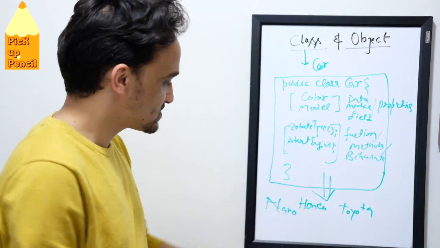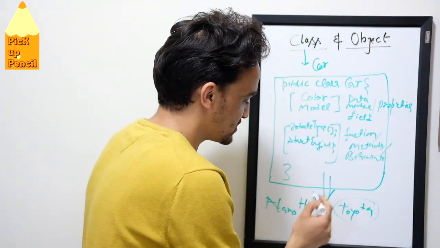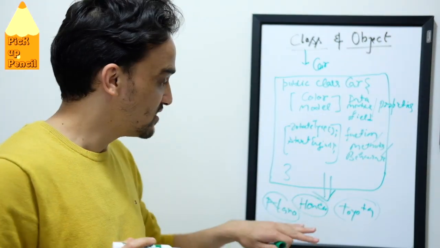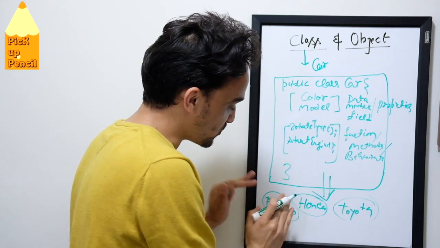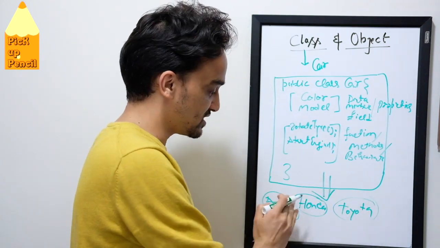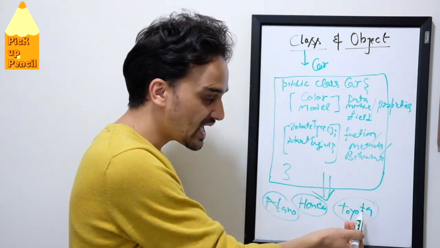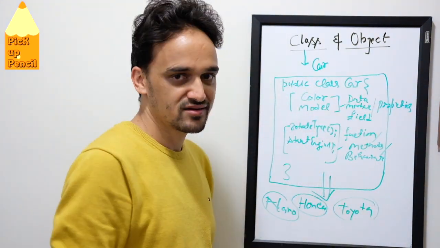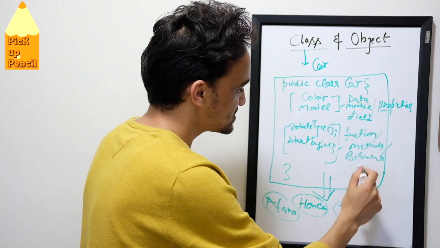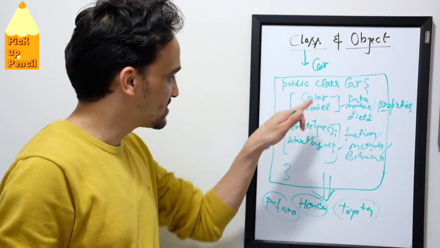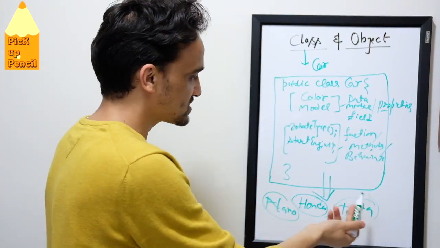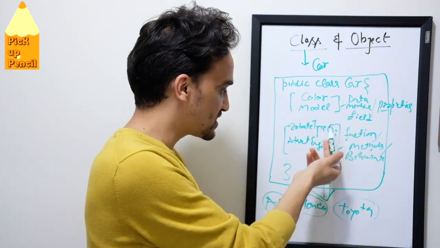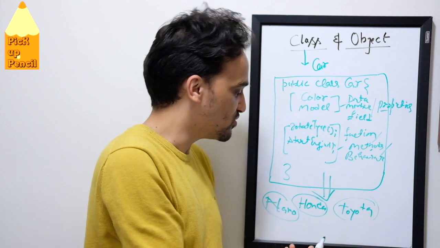All these objects, Toyota, Honda, Nano, are different, even though they are from different companies and have different models, but they have a common state and behavior. They have common properties and methods like color and model. All these cars will have color and model. All these cars will have common behavior like rotating tires, starting the engine, and maybe more.